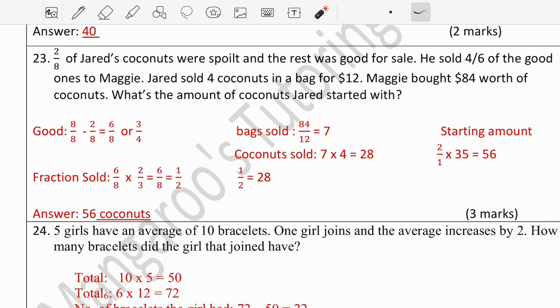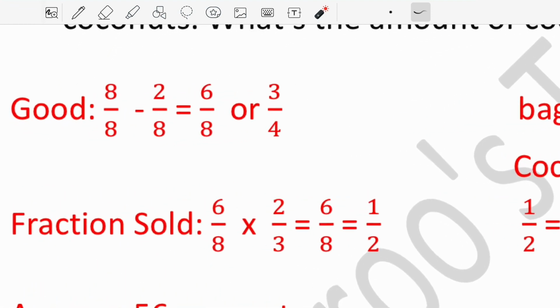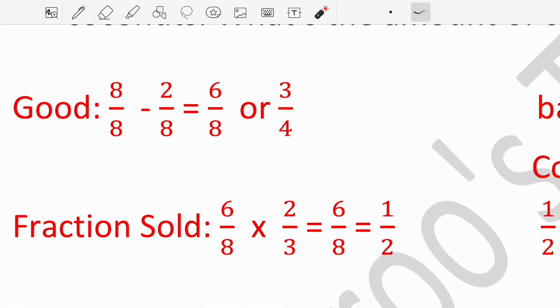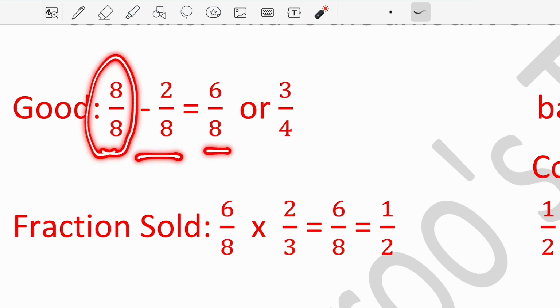So if 2/8 was spoiled, then the remainder or the rest was good, we can simply take away 2/8 from a whole. So we are simply talking about the fractions part of it. So the whole is, we can write it as 8/8. We subtract what was spoiled, and we would have gotten what is good.